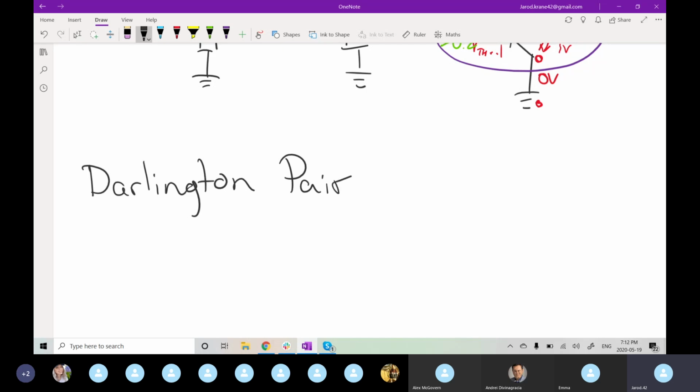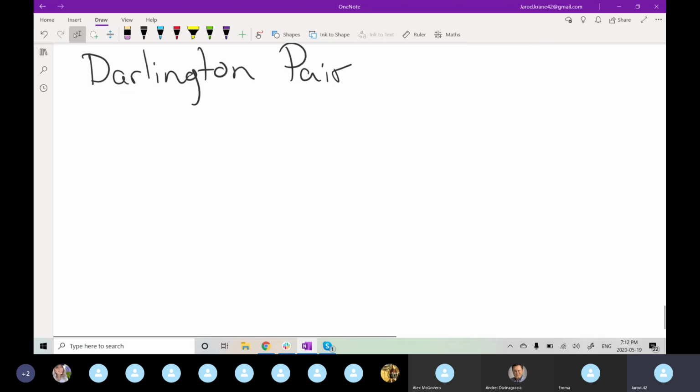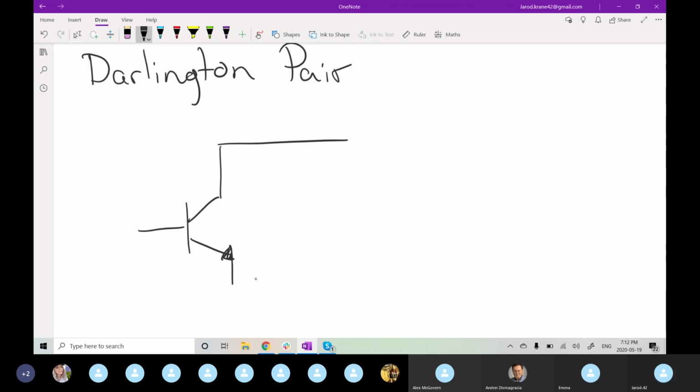Now, typically this isn't something you would design externally on your own. But this is a use case of the transistor that is very commonly used within components, because it is structured as 2 NPNs.